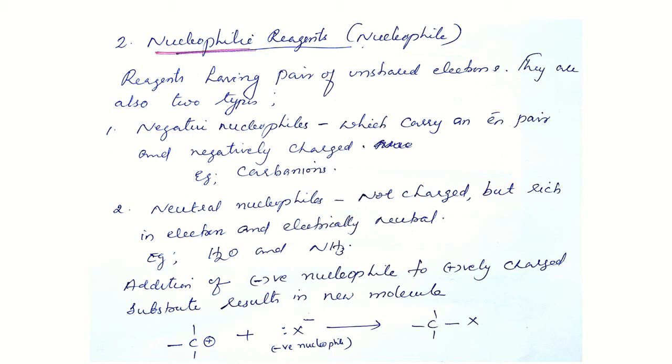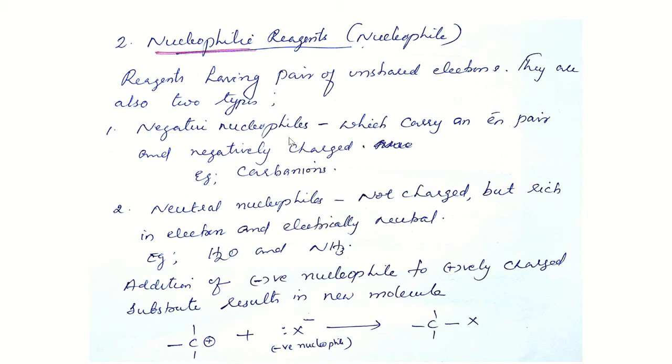Previously we saw the electrophiles divided into positive and neutral electrophiles, and here the subcategories of nucleophiles are negative nucleophiles and neutral nucleophiles.